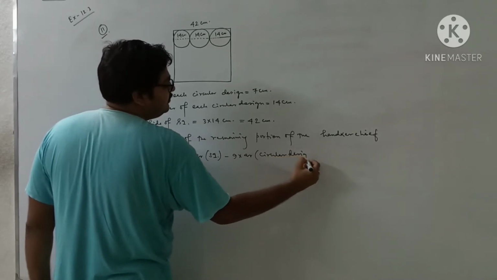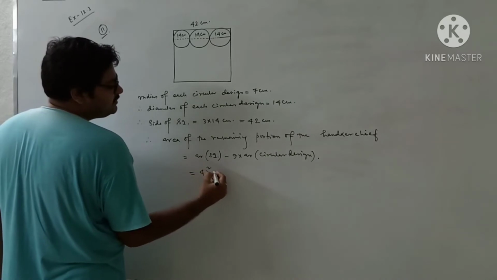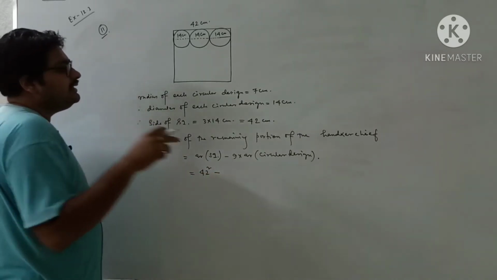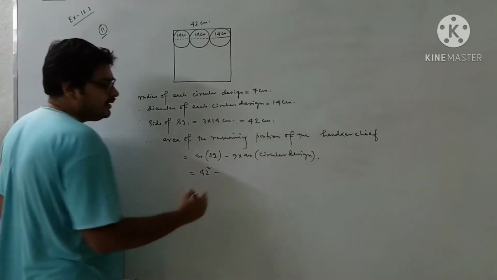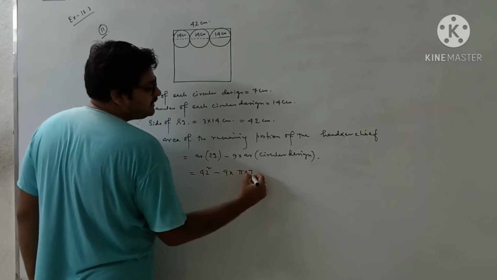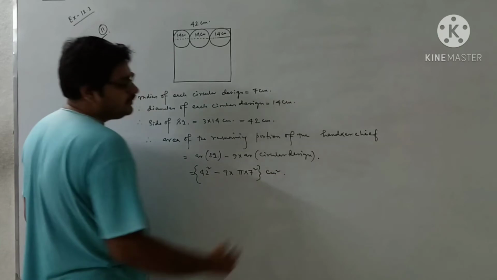Why 9 into? Because 9 circular designs are there. Area of square means side into side, so 42 square. For each circular design, radius given is 7. So 9 into area of each circular design, which is pi into 7 square. Unit will be centimeter square.